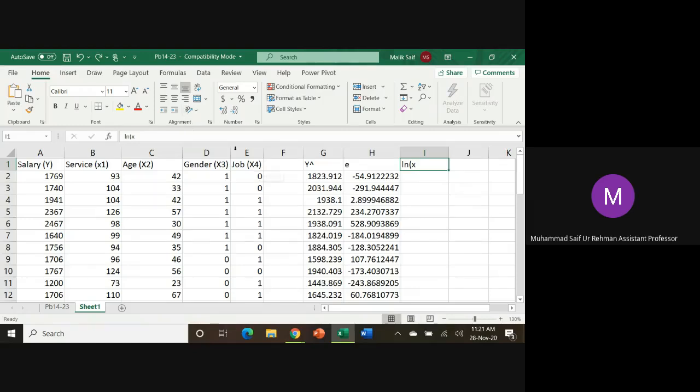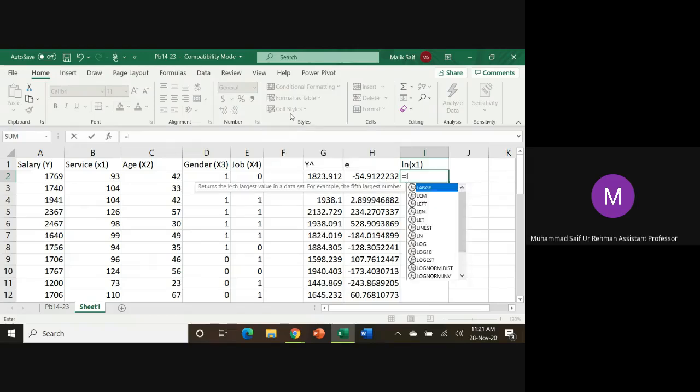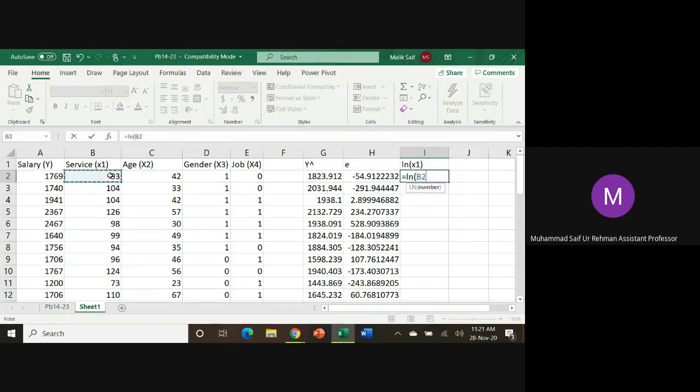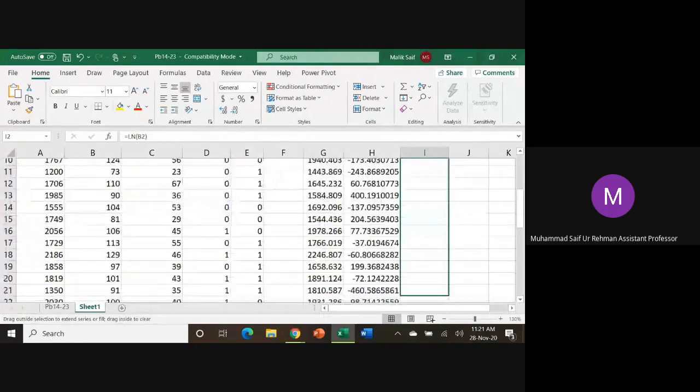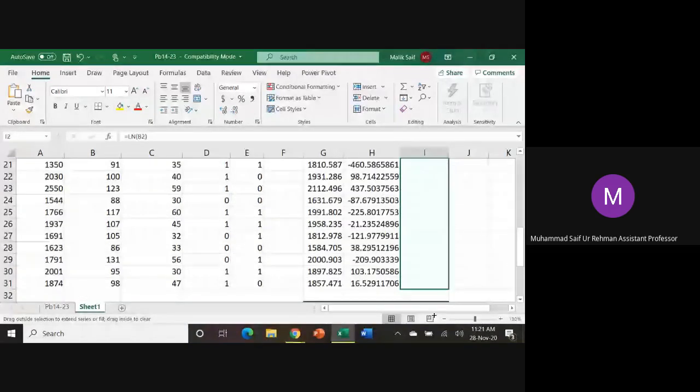I will write something here, as the screen is sensitive. So how will you take the log of this? You can write down here equal to ln and select this value. Press enter. Now drag down. See these values.